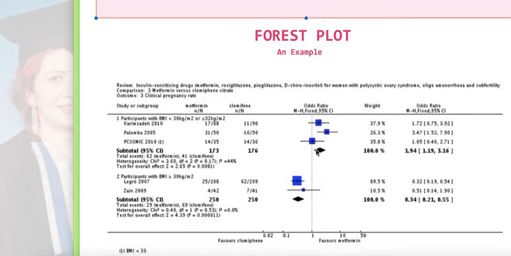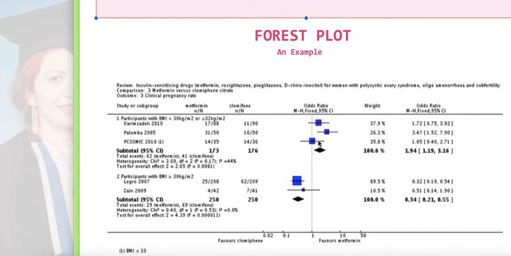If 1 out of 3 is falling on this line of no effect, then no effect was found in that particular study, but this one was slightly away from this line. So these two studies did find some effect.